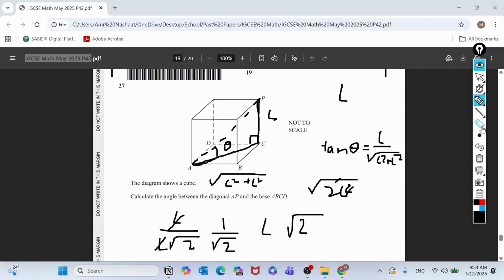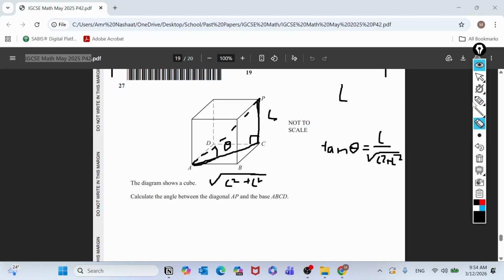So tan theta, okay, let's erase this mess. Tan theta equal to 1 over radical 2.